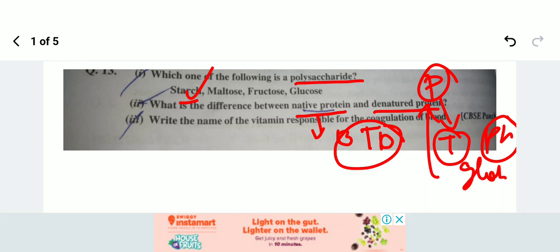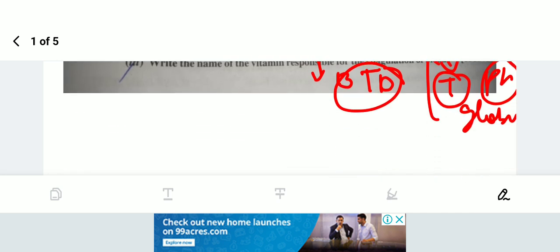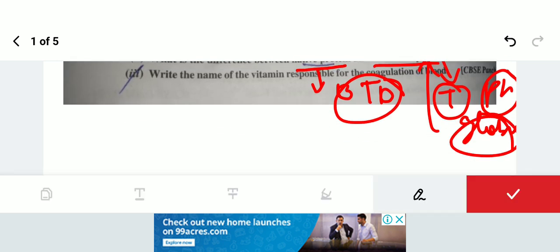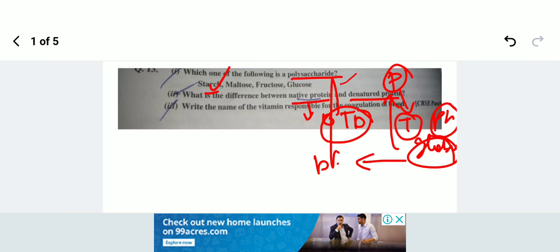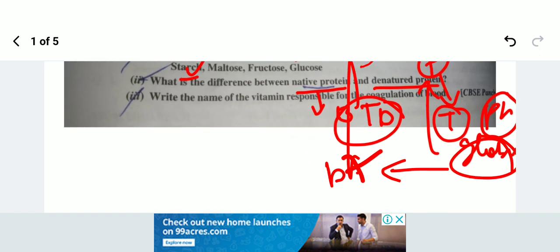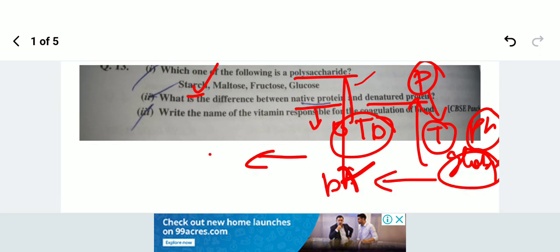The globules present in them get uncoiled, and they lose their biological activity. This is known as denatured protein.